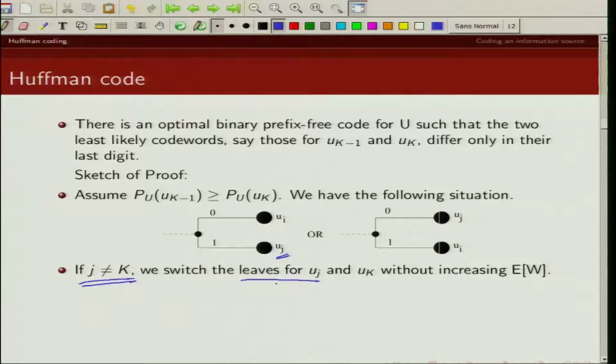We can always switch the leaves of U_J and U_K, because the probability of U_J is more than the probability of U_K, and we are moving U_J to a smaller depth.